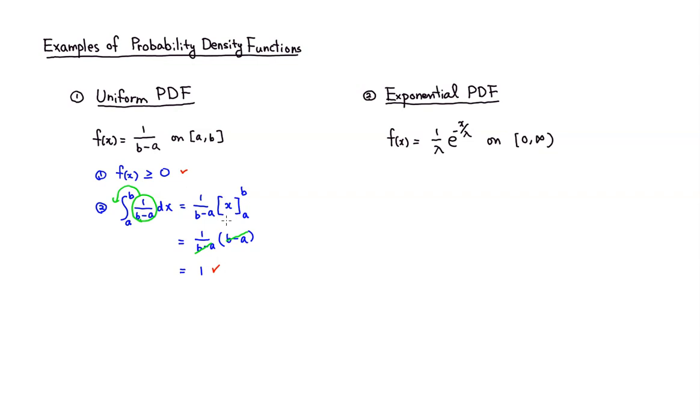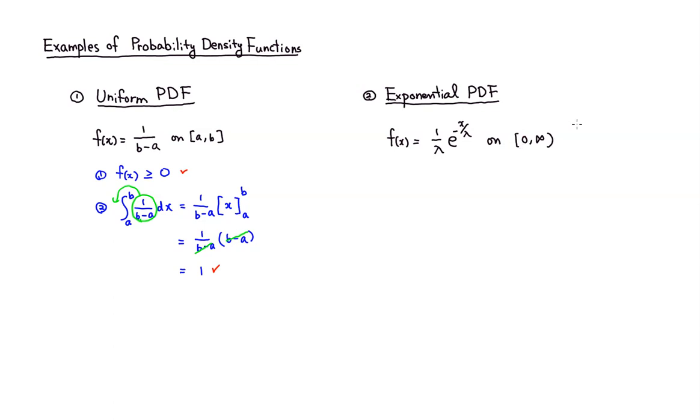So the uniform probability density function is simply 1 over b minus a. All right, let's look at the second one, the exponential probability density function. f of x is equal to 1 over lambda, where lambda is any positive value, times e to the negative x over lambda, over the infinitely long interval from 0 to infinity.